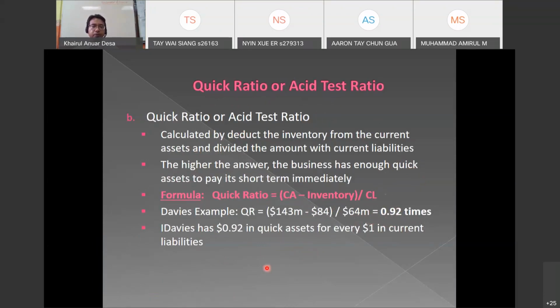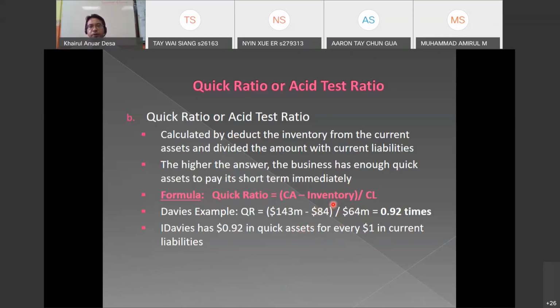Here we can detect the problem of the inventory management, where this company fails or is not really good at transforming the inventory into cash. Okay, masalah syarikat ini adalah kegagalannya untuk tukarkan inventory kepada tunai. We detect the problem in inventory management.